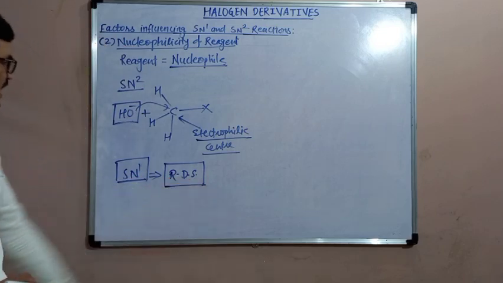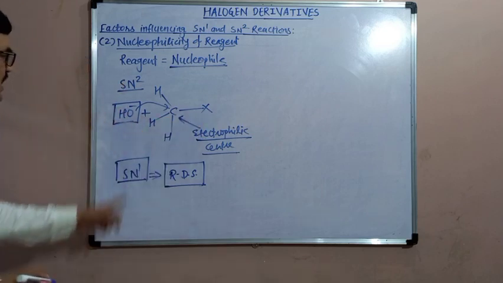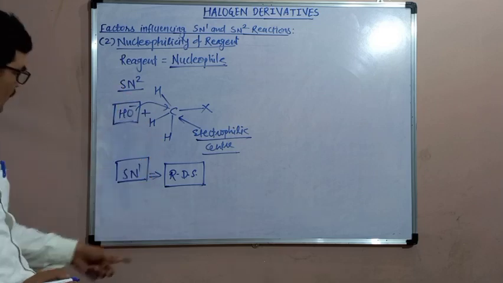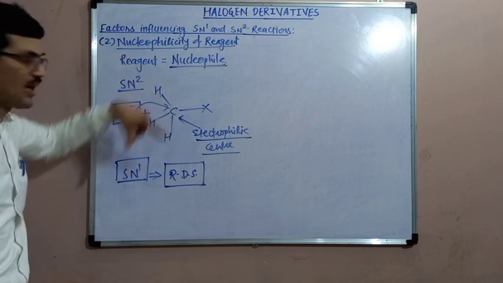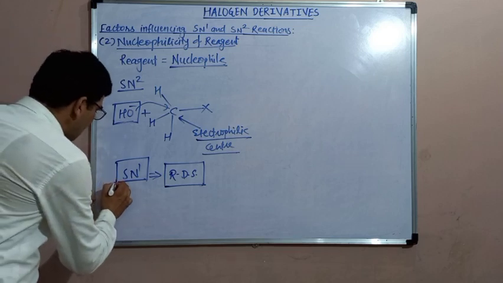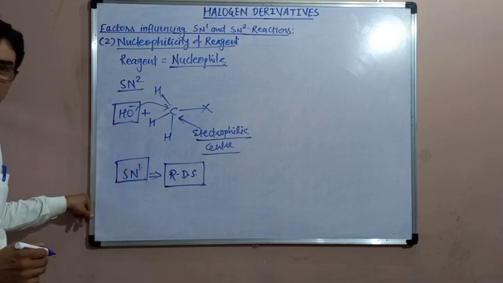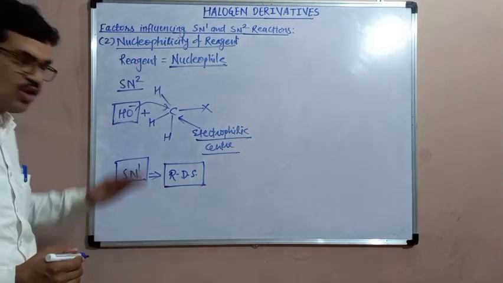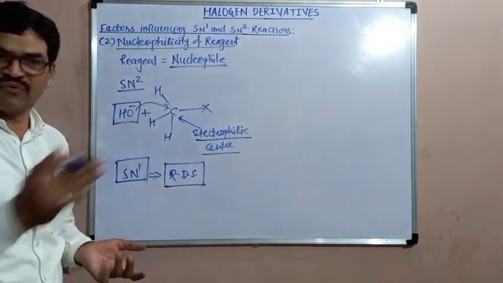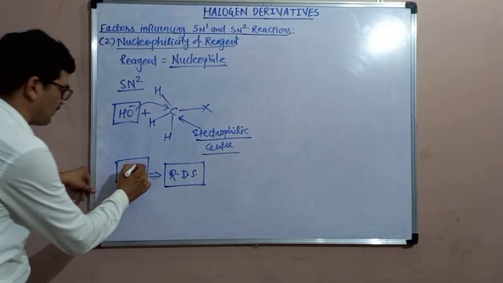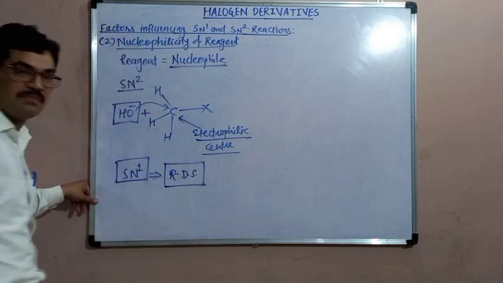In the SN2 reaction, both the reactants, the substrate as well as the reagent, take part in the rate determining step, and therefore a stronger nucleophile is best for the SN2 reaction. It can easily attack the carbon atom. But here in SN1, the nucleophilicity is not important, because whatever may be the type of the nucleophile, whether it is a stronger or weaker nucleophile, no matter, it doesn't affect the rate of the SN1 reaction because the nucleophile doesn't take part in the rate determining step.